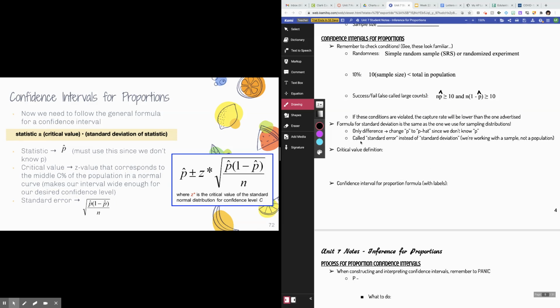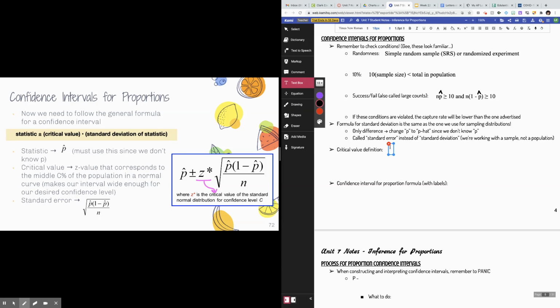As a reminder from the last video, I want to give you an actual definition of your critical value, which for proportions is z star. This right here is your critical value. That's your multiplier that makes your interval wide enough to actually capture what you say it's going to capture.